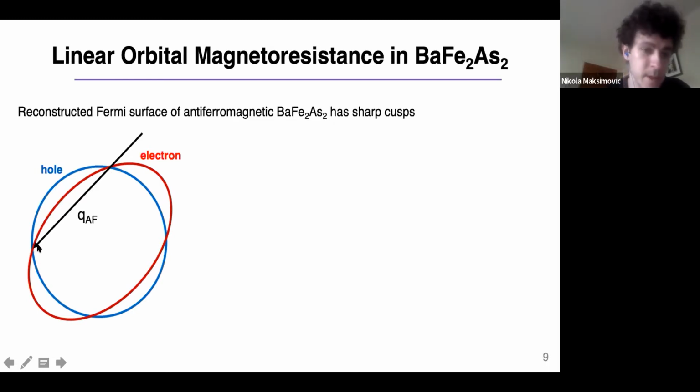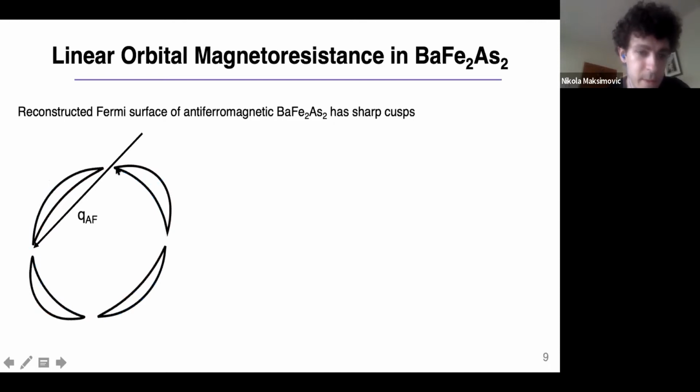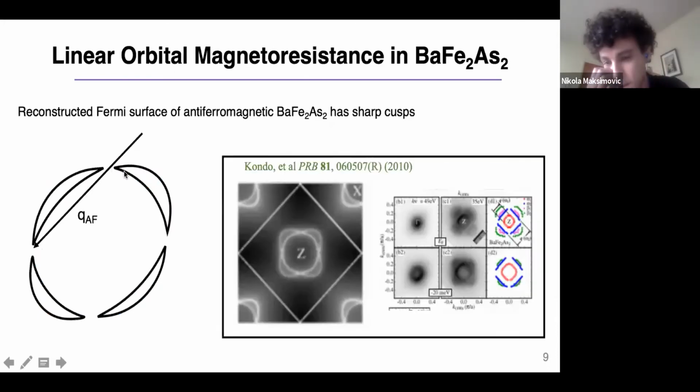And when a gap opens up, you get these banana-shaped pockets with these regions of large curvature at the corners. To some extent, this has been observed in ARPES experiments on barium-122. These are actually simulations of the Fermi surface, and experimental data can somewhat see these banana-shaped pockets.